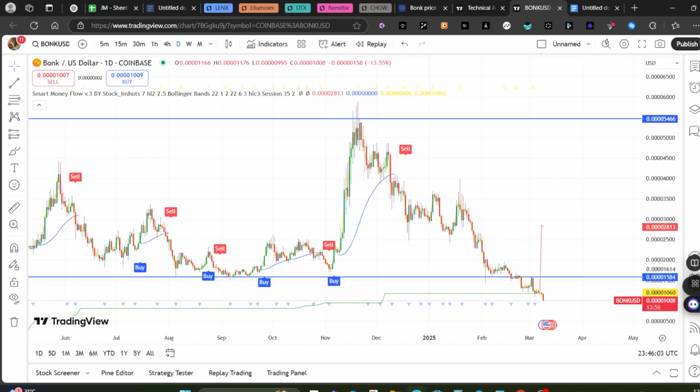So, here is a quick recap of how to use the smart money flow indicator effectively. Okay, the first is for trend identification. Okay, so you want to follow the smart money to spot where the big players are placing their bets. Okay, which this indicator tries to help you identify.